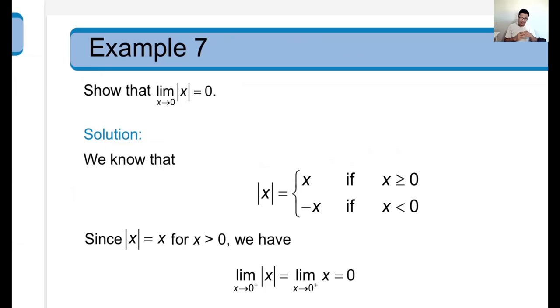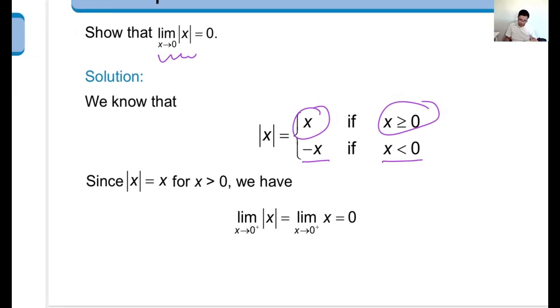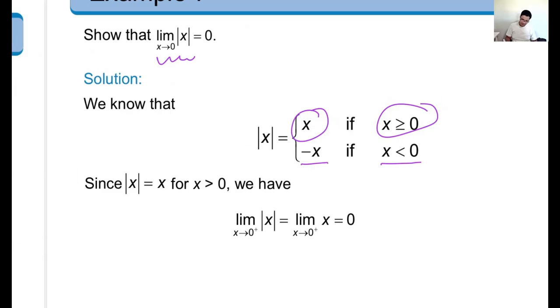So here is a very simple illustration of how it works. Consider the absolute value function. By definition, it is x if x is non-negative, and negative x if x is negative. When you apply the limit, you can look at the right hand limit first, in which case it is just x and the result is 0.